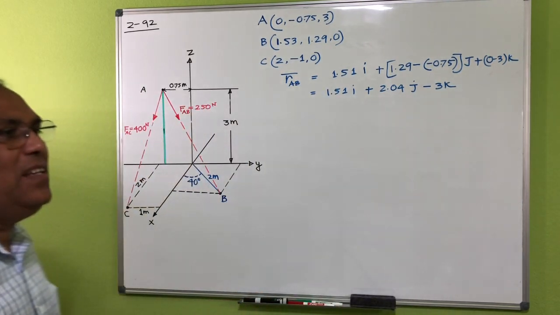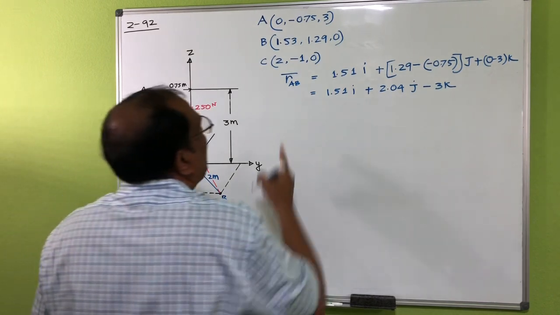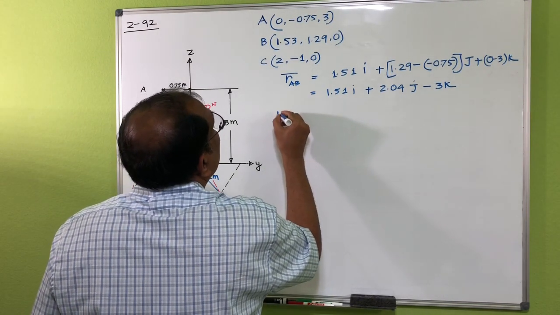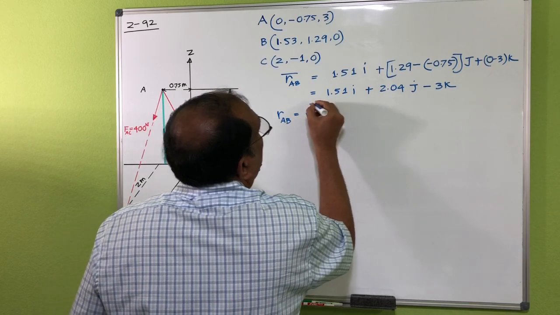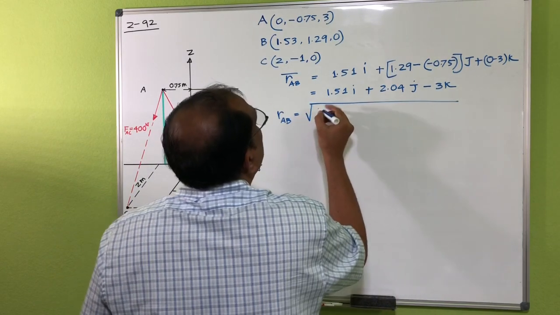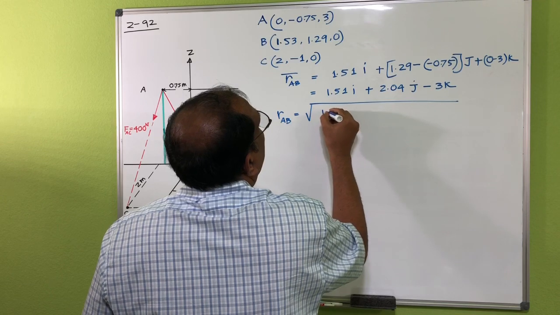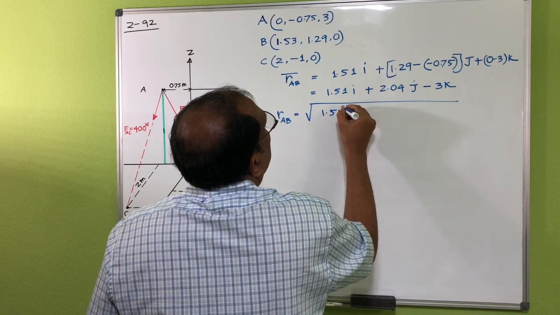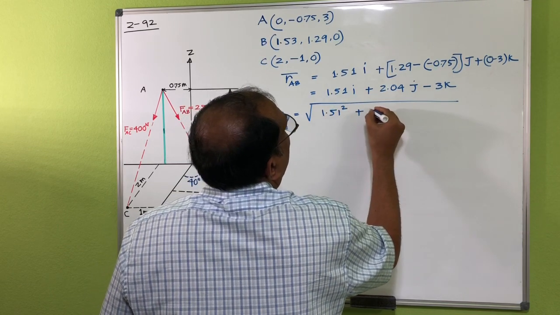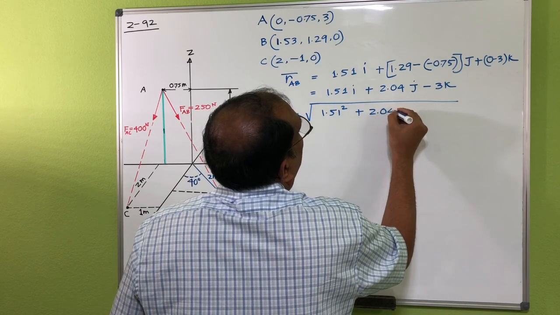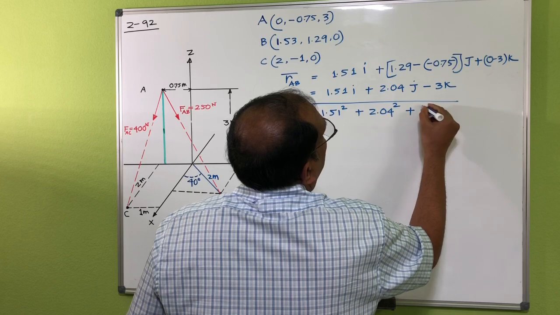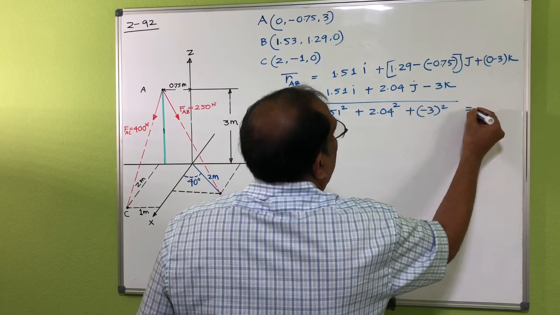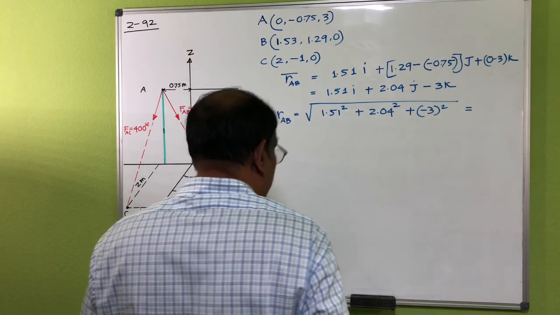So once again, we can find out the magnitude of RAB, which is basically 3.94.